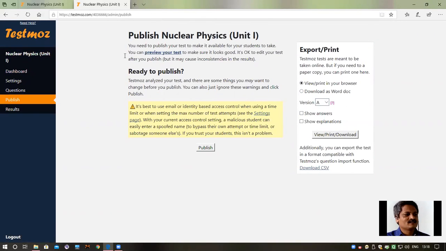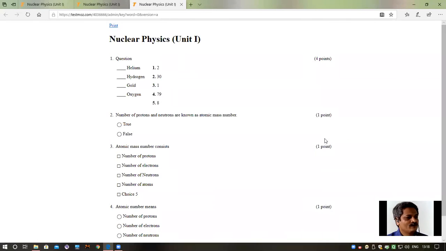Before publishing this TESMOS examination, we export or print this question paper, view or print in your browser. There is also one option, show answer or without show answer. First of all, we download this question paper without answers. If you want it with answers, then you can also select this option.